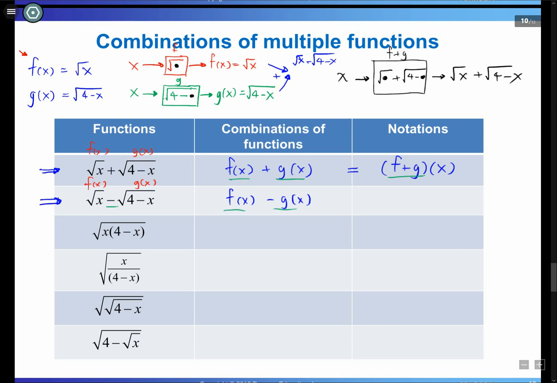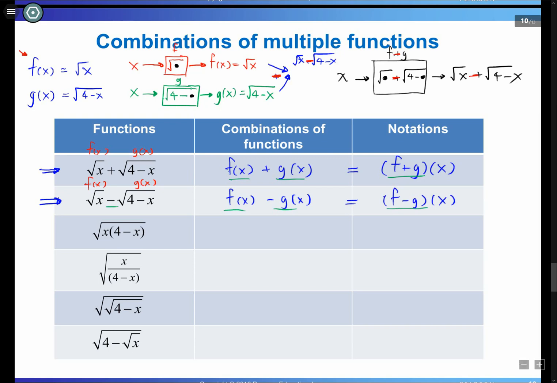This is subtraction. Once again, we can combine them into just one big function, and that big function is f minus g of just one input. So it's like changing this plus to minus, and this to minus, and this to minus. Same kind of logic, combining two separate functions into one big function.